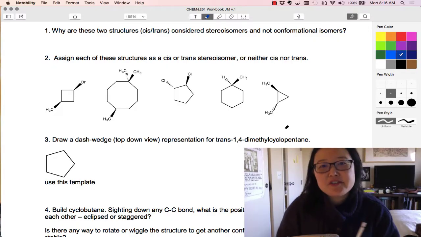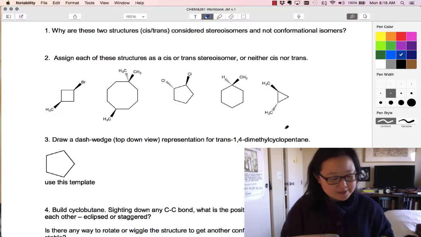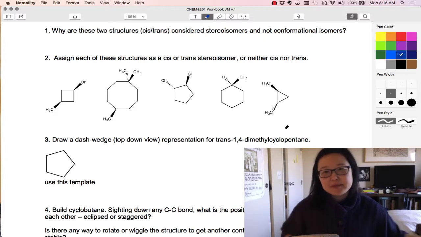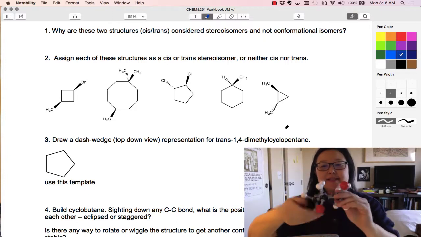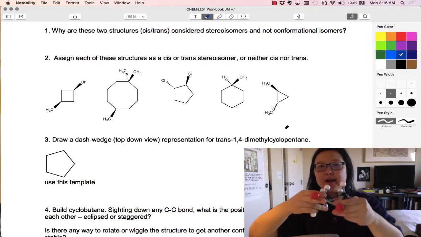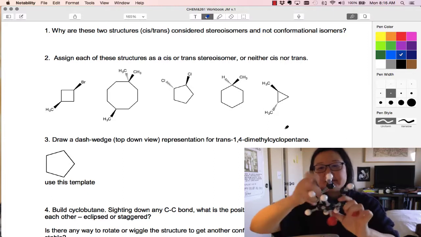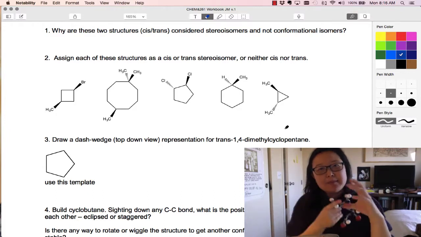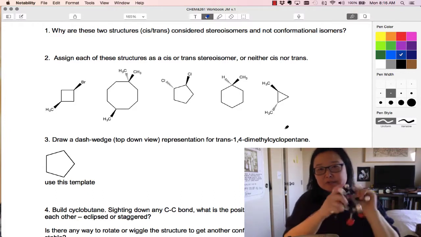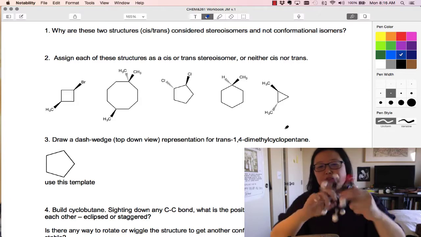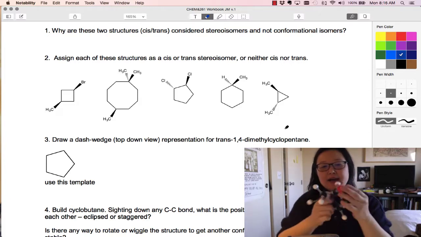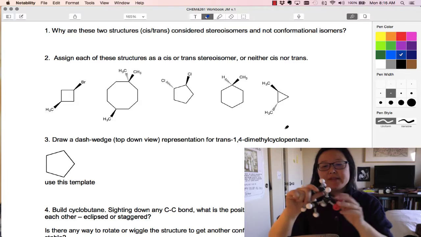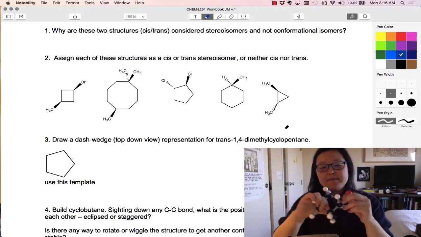So these two structures are considered stereoisomers and not just conformational, because you cannot rotate the cis or trans into the other. So if I try to rotate this, because of the ring, it's acting like my double bond before, where I couldn't rotate or twist it around. So there is no full rotation I can do of any kind that will get both of these on the same side as each other.